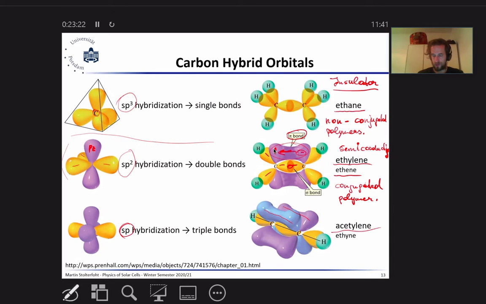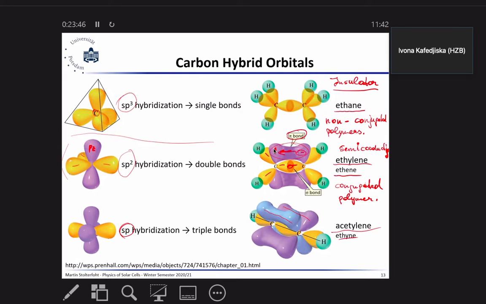And this molecule is called acetylene. This should have a triple bond, and this would also be semiconducting, I think.